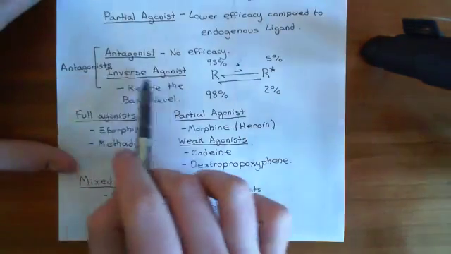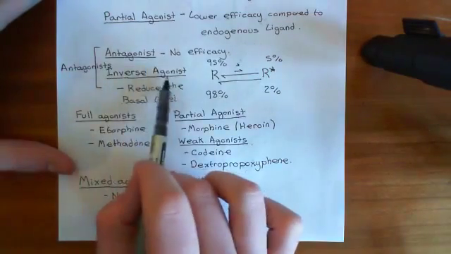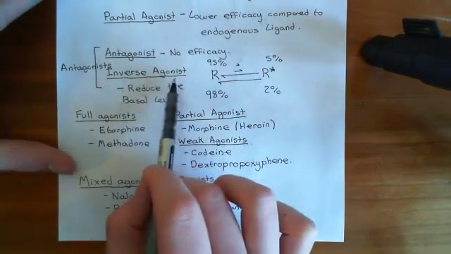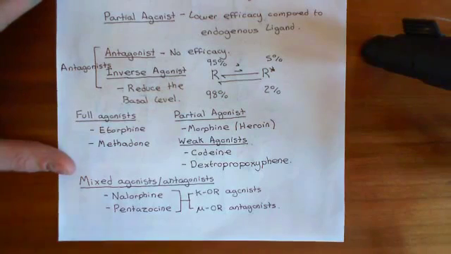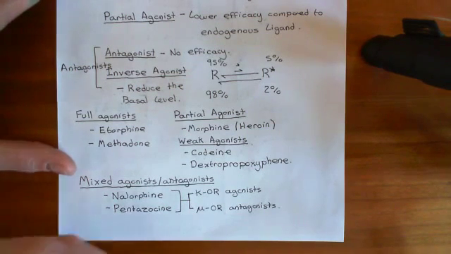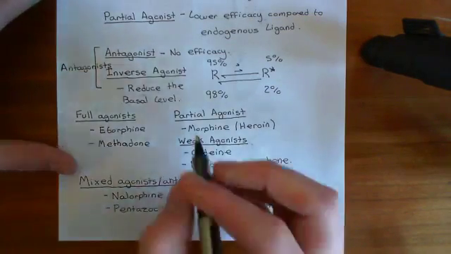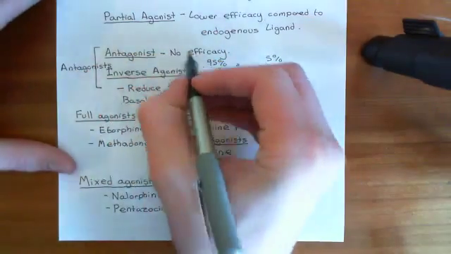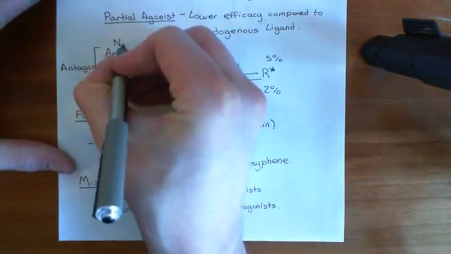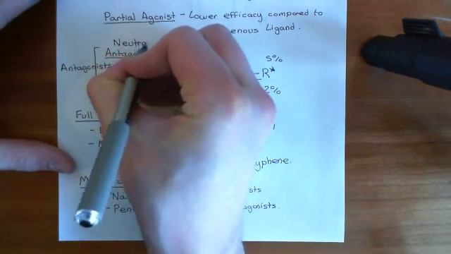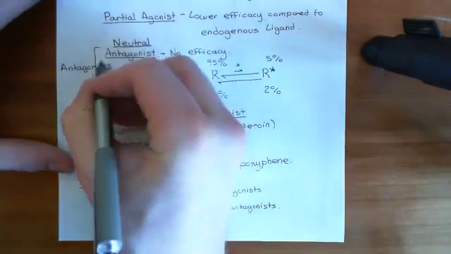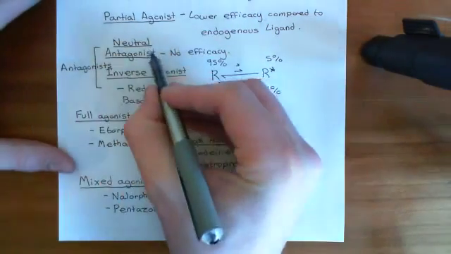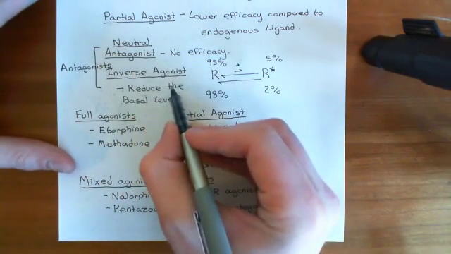So most of the drugs we know actually are inverse agonists. It's just that you can't see that they're inverse agonists because the basal level of activity of the downstream pathway is so negligible that you can't measure a change in it. So sometimes, to stress a true antagonist that really has no efficacy, people will call it a neutral antagonist, and they will use antagonist to denote the class of neutral antagonists and inverse agonists.